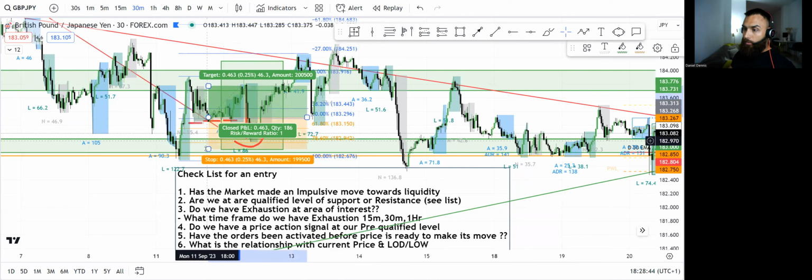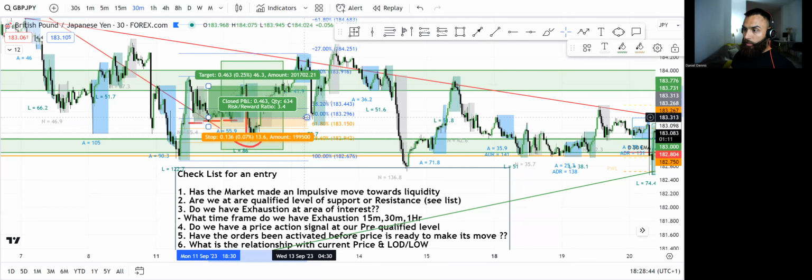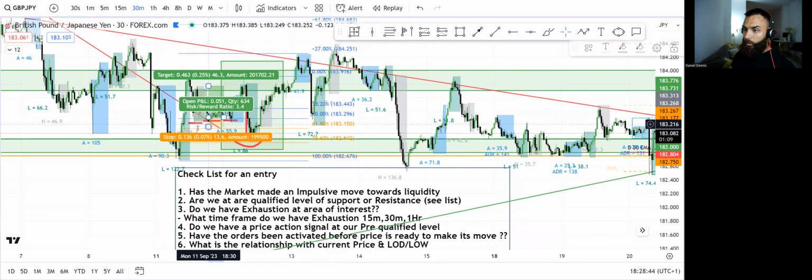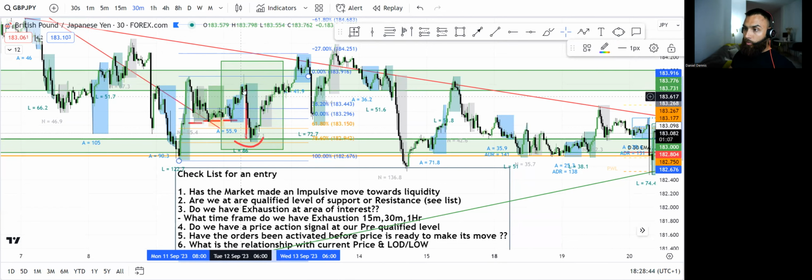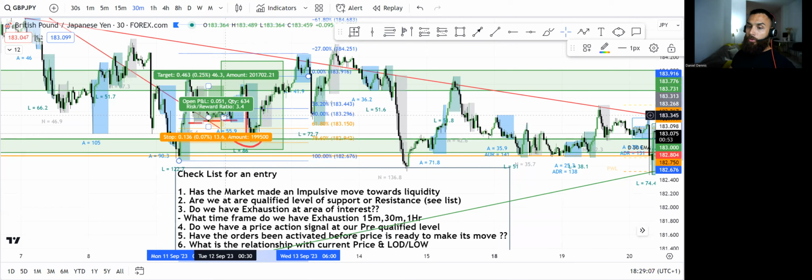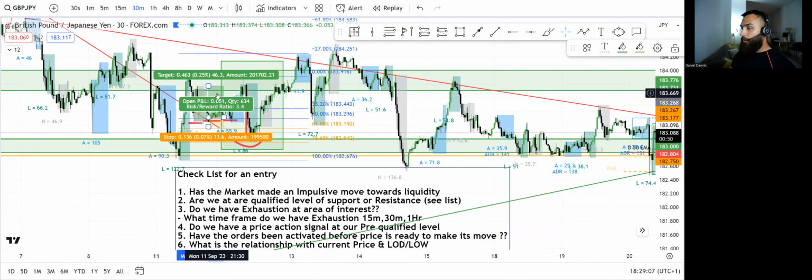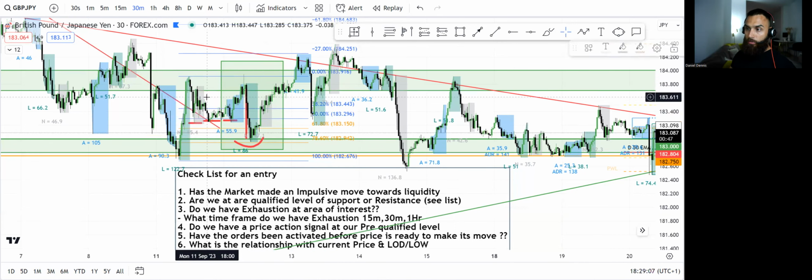Some of them would have had maybe a 10 pip stop loss or something like that, right? So when this impulse move pushed down, it took out these guys and it took out these guys. So that is also liquidity. That is what price is doing. It's making its way around the chart, taking out liquidity, activating sell orders, buy orders, stop losses, everything. It's just hungry for liquidity. That's the job of price. It's looking for liquidity, right?